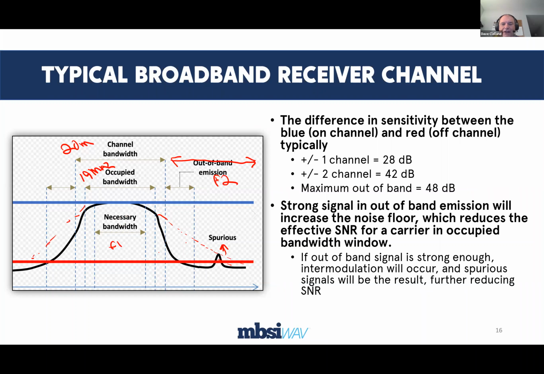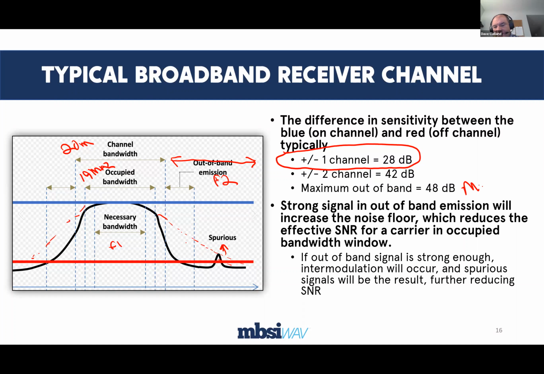The typical values right here. When your channels are immediately adjacent to each other, you typically have about 28 dB of protection. When the channels are 2 channels over, that increases to about 42 dB. And the maximum of a broadband receiver of any kind is about 48 dB.